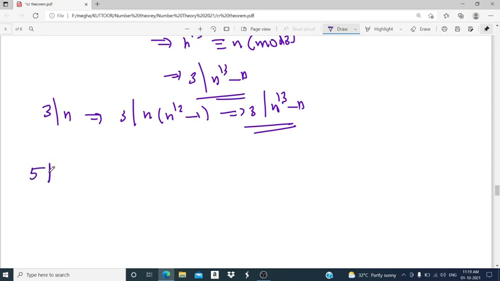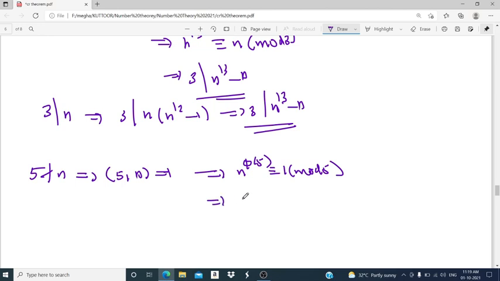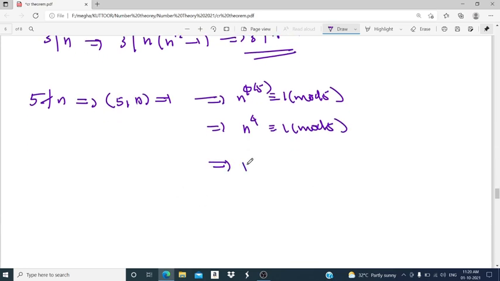If 5 does not divide n, we can use the Euler-Fermat theorem, that is GCD of 5 and n is 1, that implies n raised to phi of 5 is congruent to 1 mod 5, or we can say that n raised to 4 is congruent to 1 mod 5, or n raised to 4 whole cube is congruent to 1 mod 5, that is n raised to 12 congruent to 1 mod 5.